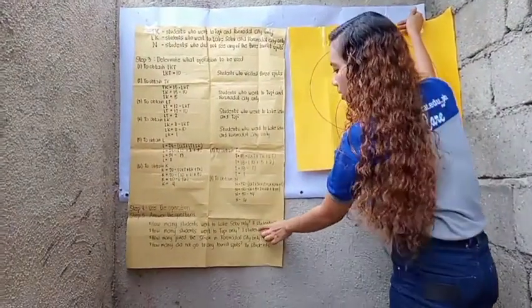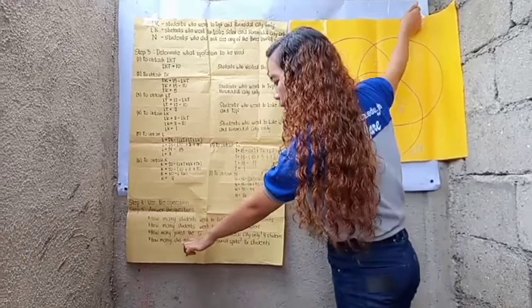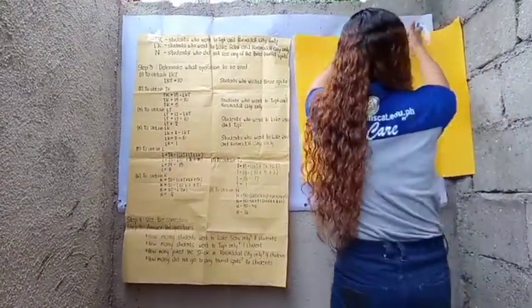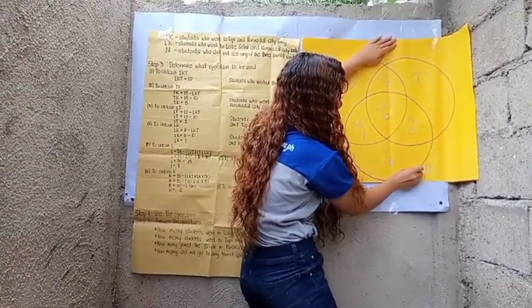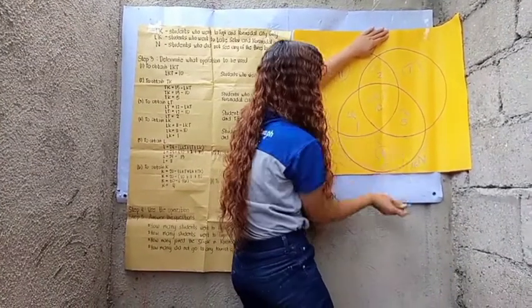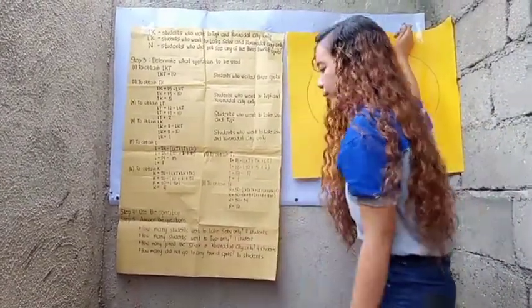So 1 student went to Tupay only. Question number 3, how many joined the trip to Coronadal City only? This is the area for Coronadal City only. We have 4 students. There are 4 students who go to Coronadal City only.